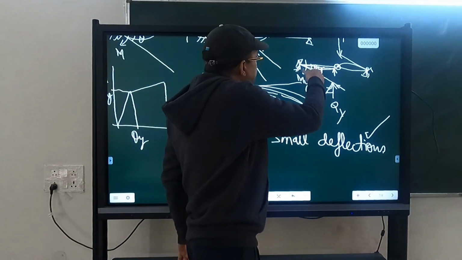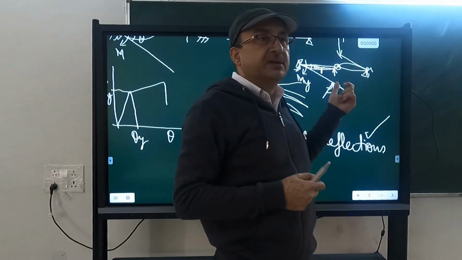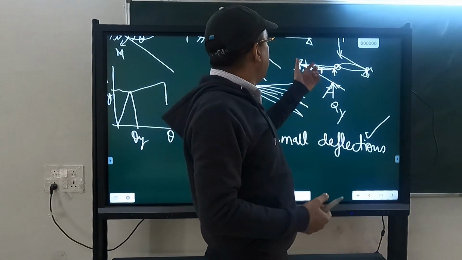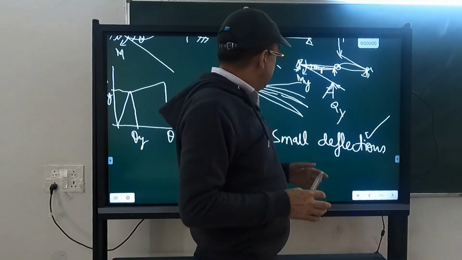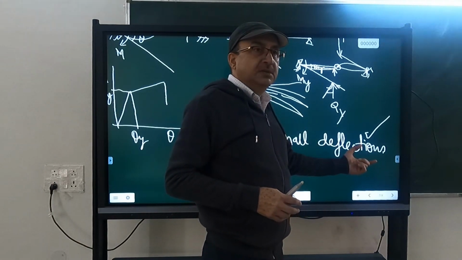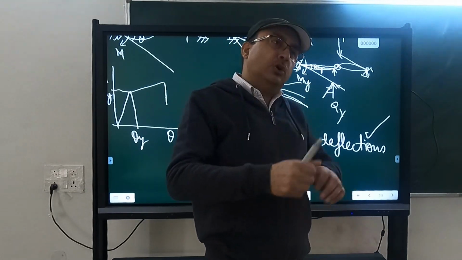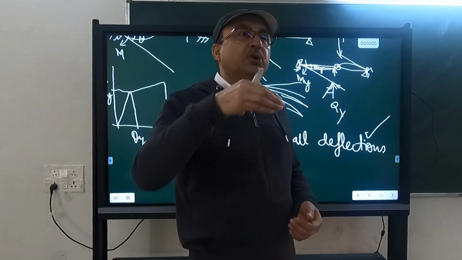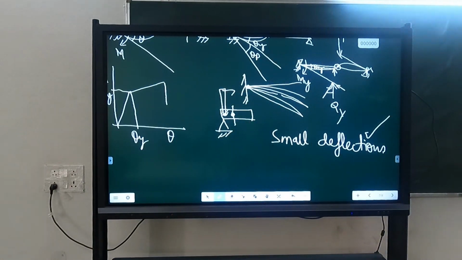But because this rotation is small, I can't plot that small rotation here and show you clearly. So that's why I have shown here large displacement. But in actual structure, it is not so large. This is small deflection. And when there is a small deflection, then vertical load is almost perpendicular to the rotated beam, because rotation of the beam is very small. So even when the beam is rotated, the vertical load remains perpendicular.